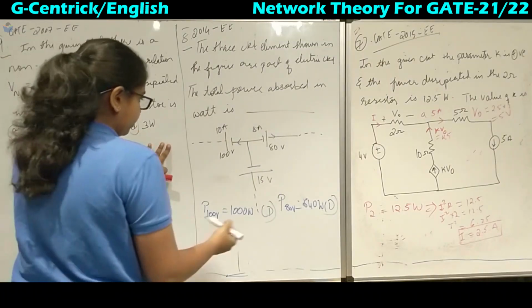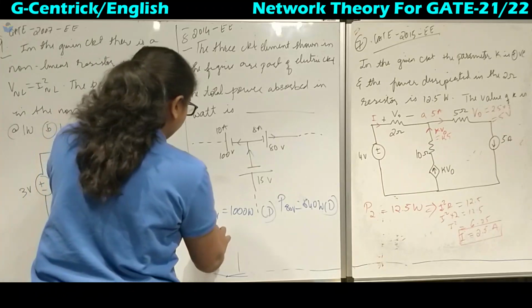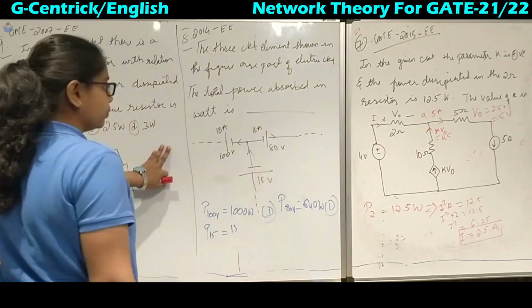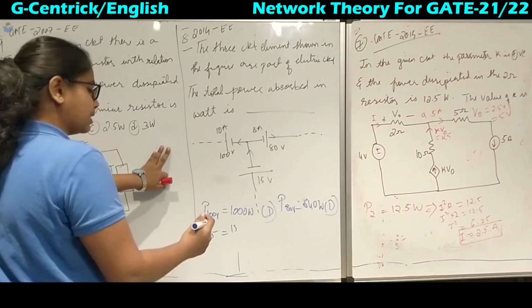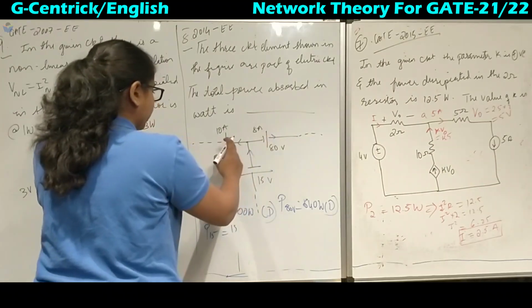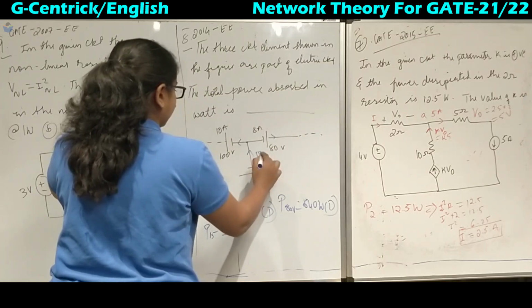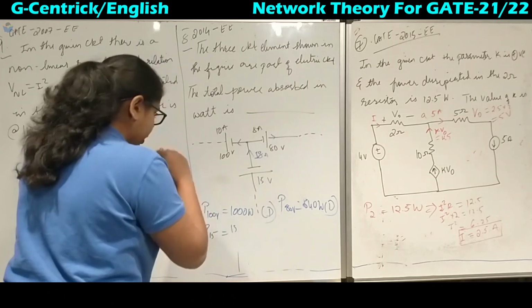Okay, now if I take the direction of this in this direction, then power across 15 volt will be 15. We do not know what is the current here, so we can apply Kirchhoff's KCL at node A. So what is it? 8 plus 10 is 18. Okay, so 18 ampere of current is flowing in this direction, and 15 into 18.